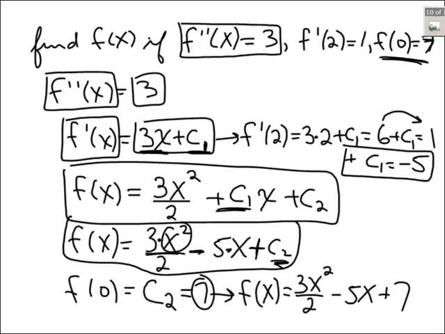There it is. We were given two conditions. There were two unknowns, C1 and C2. We had to find out what they were. Two things we had to find out, so they had to give us two pieces of information.